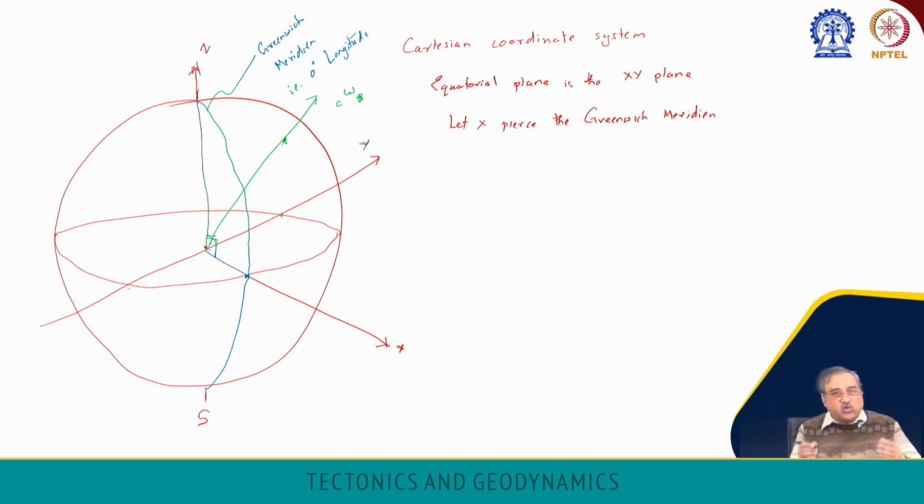Now this magnitude of the angular velocity has to be represented in terms of 3 coordinates, right? So it has to be represented in coordinates in x, y, z space.